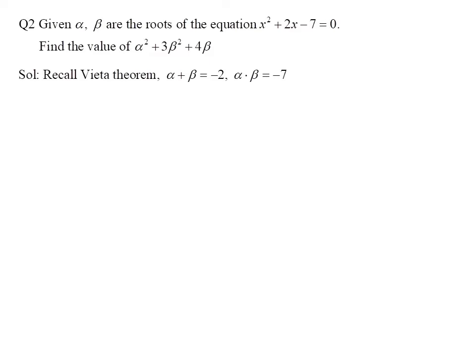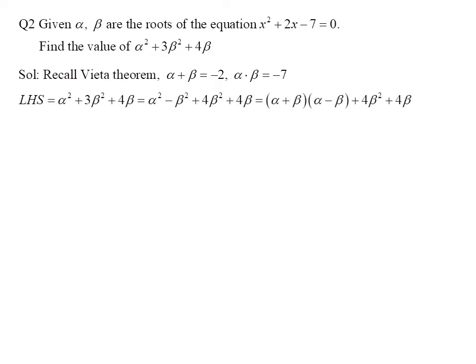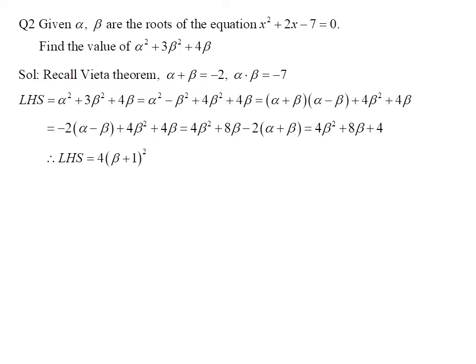Based on the above, we start to simplify the value expression by grouping and partially factorizing it, and then substituting the value of alpha plus beta into it, which is negative 2 here. Finally, we simplify the value expression to 4 times the sum of beta and 1 squared.